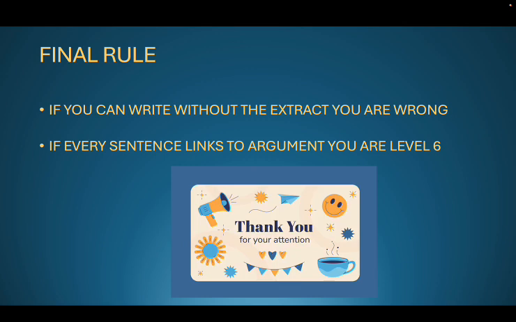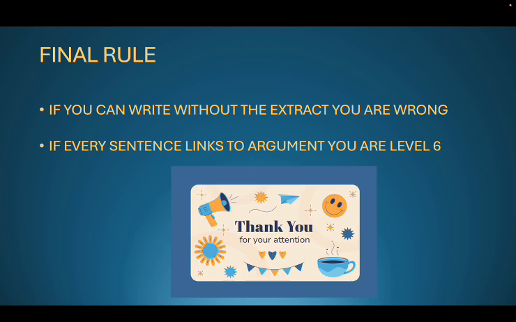So the final rule is, if your answer can be written without the extract, it is a weak answer. There is no wrong or correct answer in history, but in this case, in order not to go flat out wrong, and then unfortunately cry at the end of the exam, reflecting on a script that did not meet the criteria of the mark scheme, this is how obedient you can be in ticking the criteria of the mark scheme.